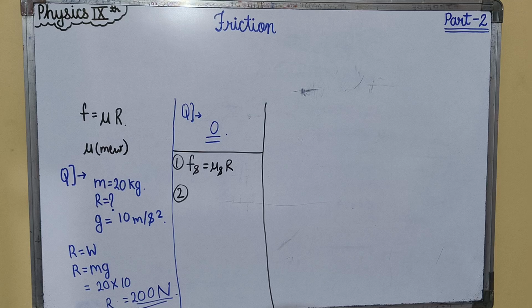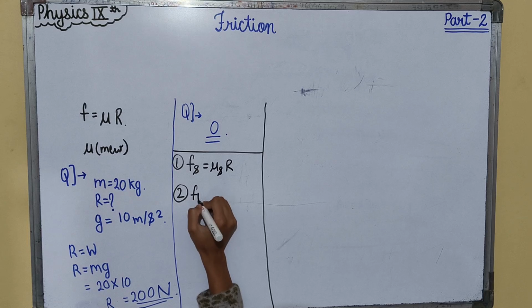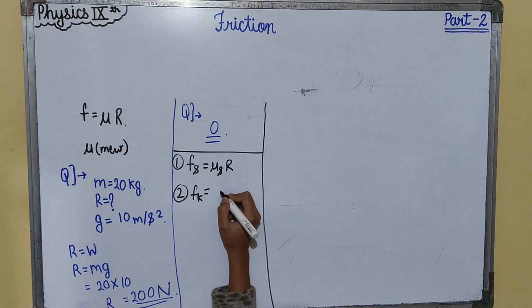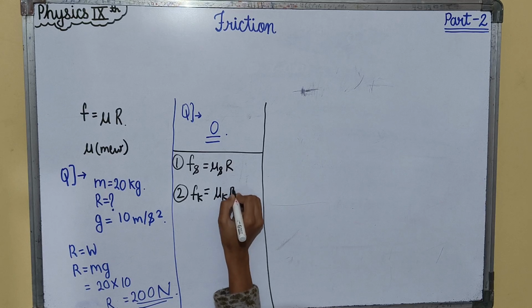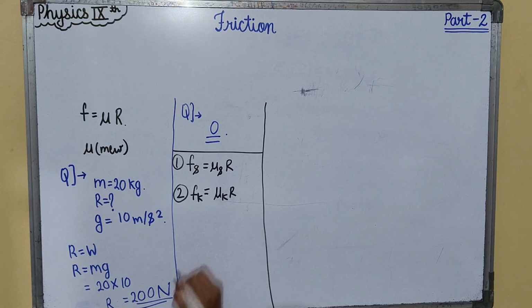Second, kinetic frictional force. The magnitude of the kinetic friction Fk is directly proportional to the normal reaction R between the surfaces. So this is equal to mu kinetic into normal reaction.